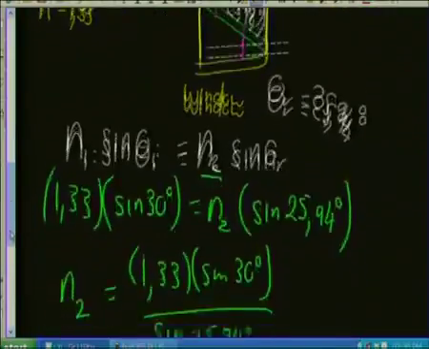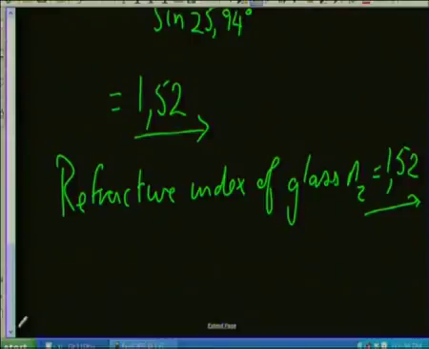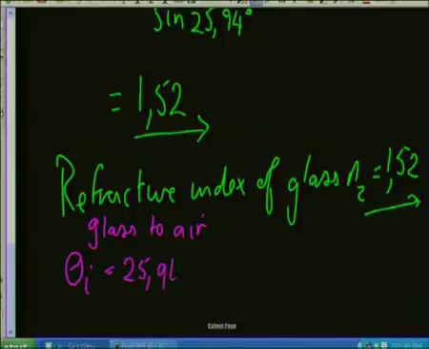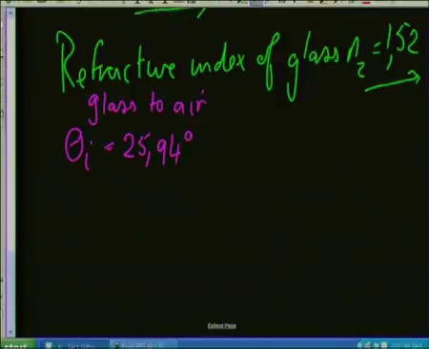So the angle of incidence now at the second surface, when we're moving from glass to air, the angle of incidence is 25,94 degrees.